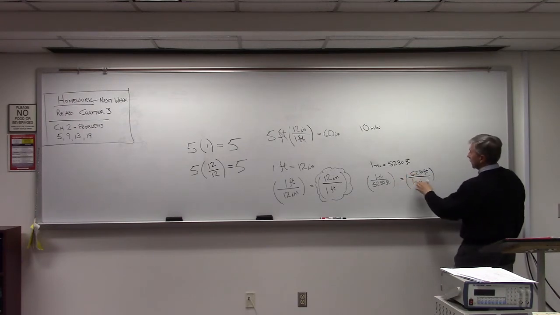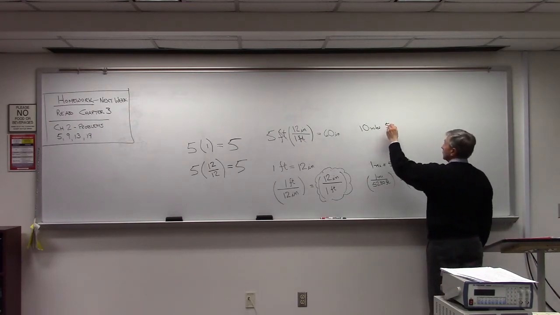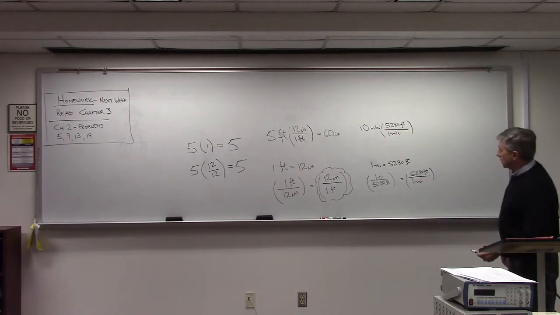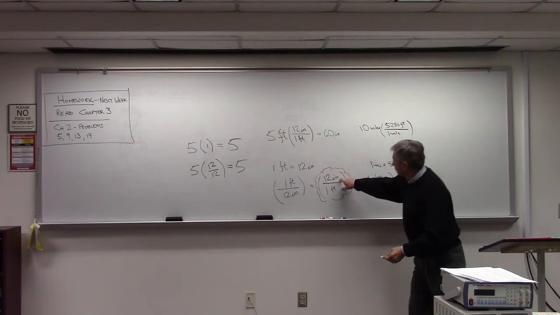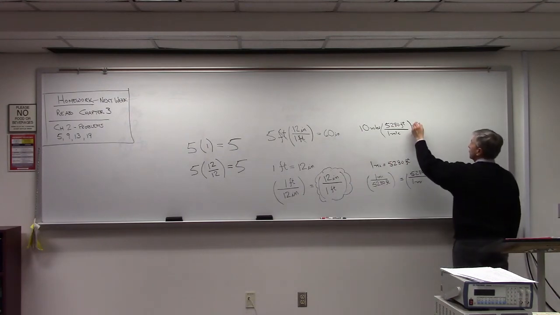So if I do that now, I'm going to put 5,280 feet is equal to 1 mile. I'm still not there, I've got to get to inches. And now I'm going to put 12 inches is equal to 1 foot.